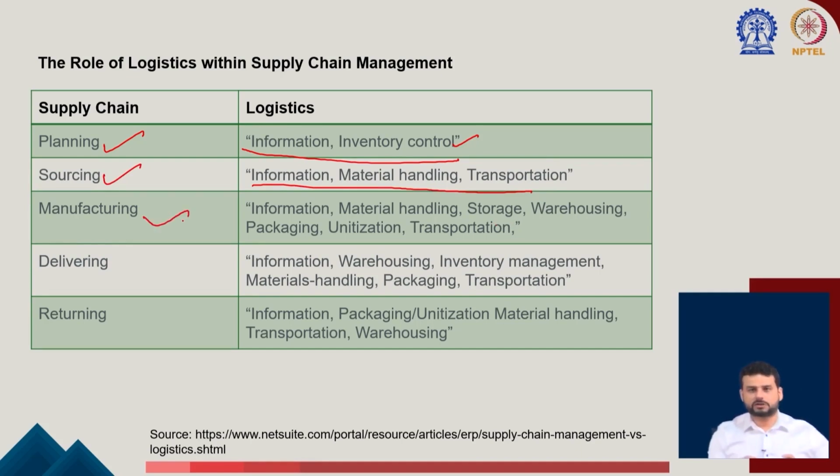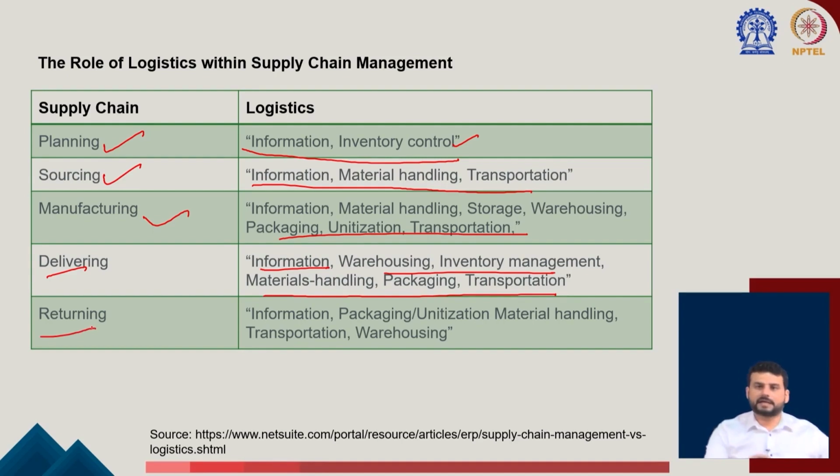Within manufacturing also you are storing, you are handling the material, you are shipping the material from one stage to another, warehousing, utilization, packaging, transportation; all those things you are doing under logistics. Delivering, again this information is required, warehousing, inventory, packaging, transportation, all these things are part of your logistics for delivering the product.